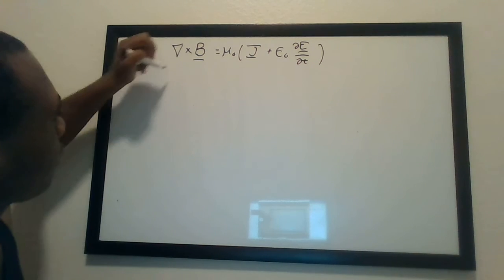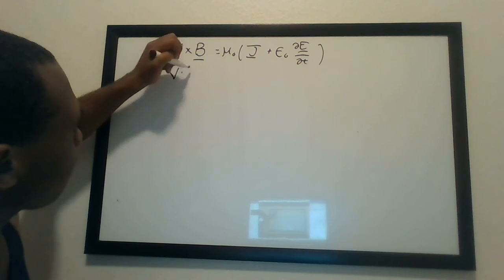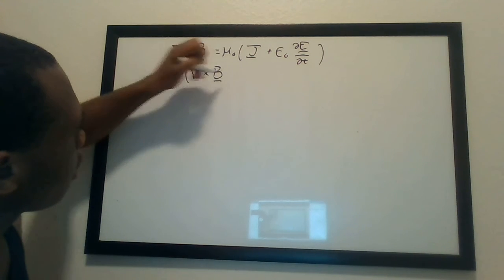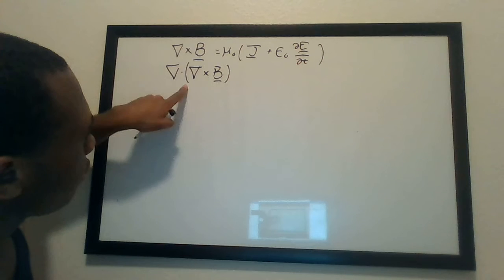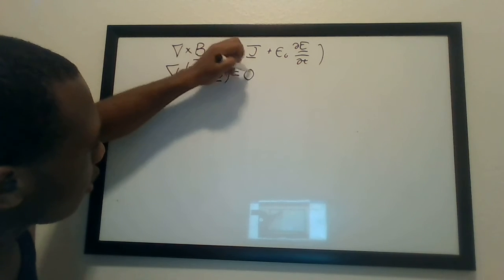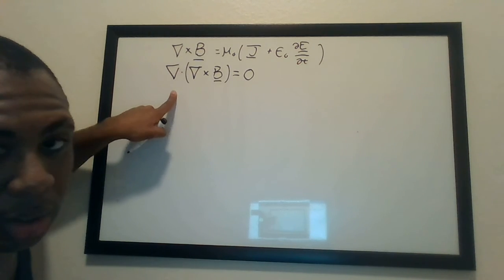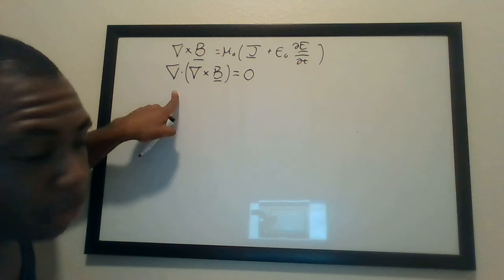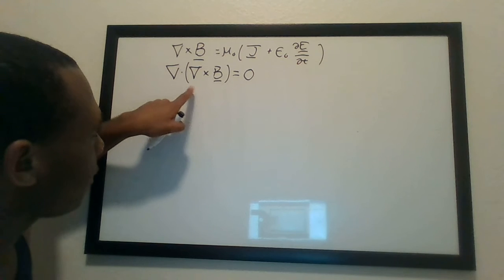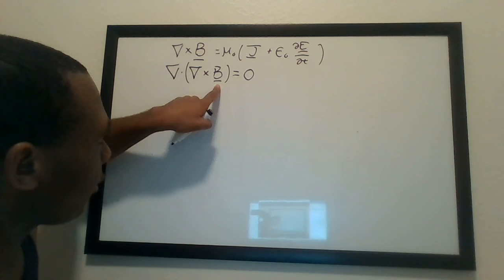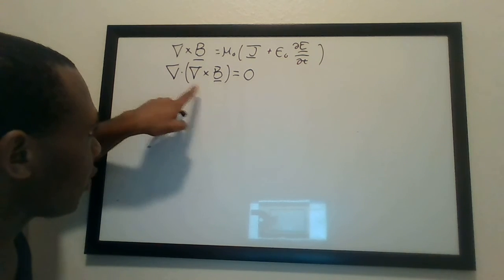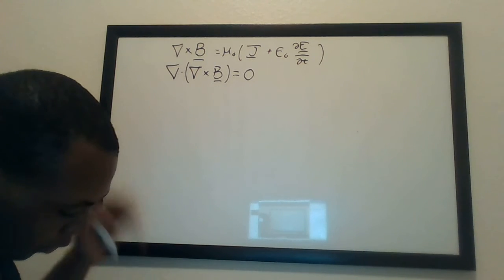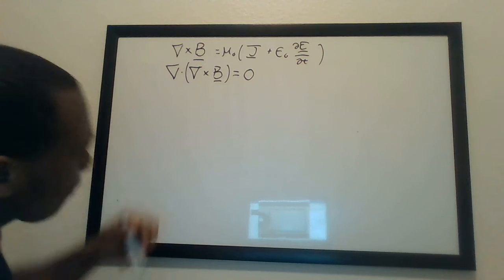So the most logical thing is I look for the divergence of this. And this has to be 0. This is a property of vector calculus: the divergence of the curl of some vector function has to be 0, and you can always prove that by going through the arithmetic. I'm not going to do that; I did that already.